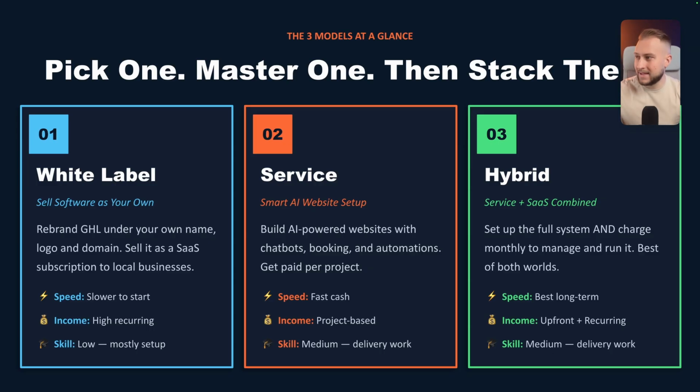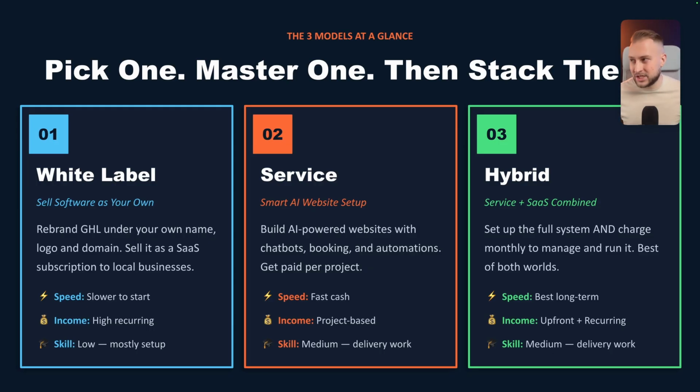White label in this case is selling software as your own. You rebrand GoHighLevel, put your own logo, your own name, your domain, and you sell it as a SaaS subscription to, let's say, local businesses, okay? This is slower to start. The income is high recurring income, especially if you're selling at higher margins. The skill level is low. It's mostly setup because you're selling already predefined software, which is GoHighLevel.